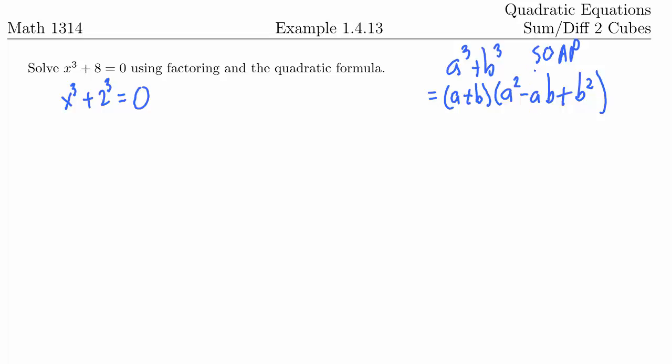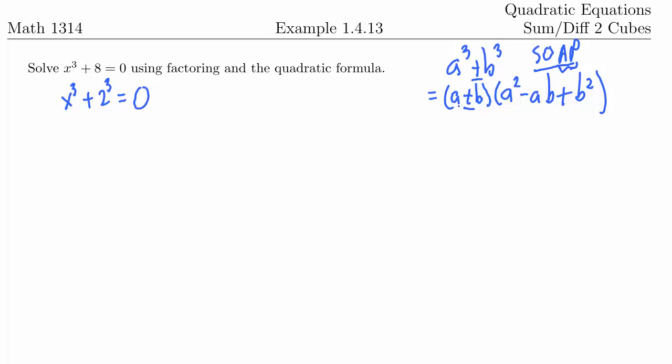Here's what I use. I use SOAP. S stands for same. So this first sign is the same sign of whatever you have here. The second sign is the opposite sign of that. And this last sign is always positive. That's what the AP stands for, always positive. So same, opposite, always positive.